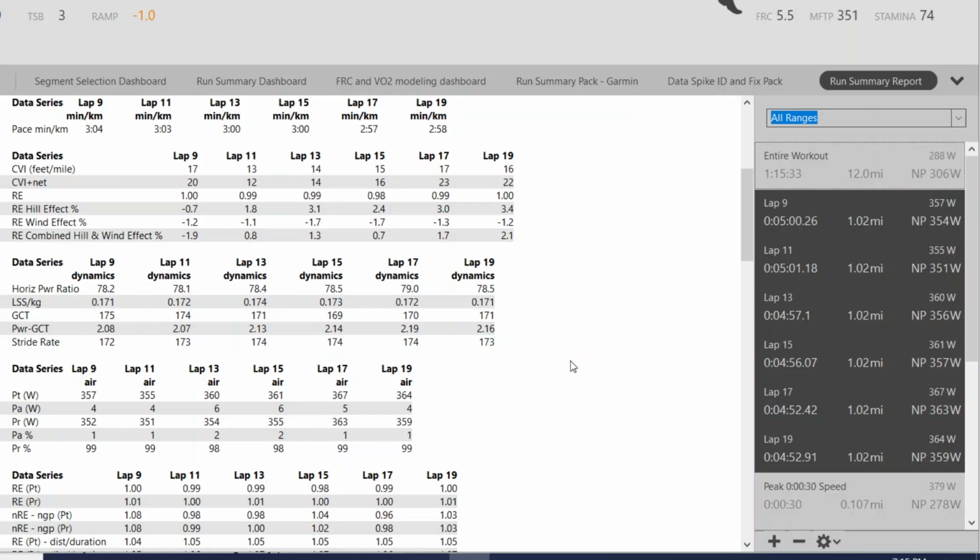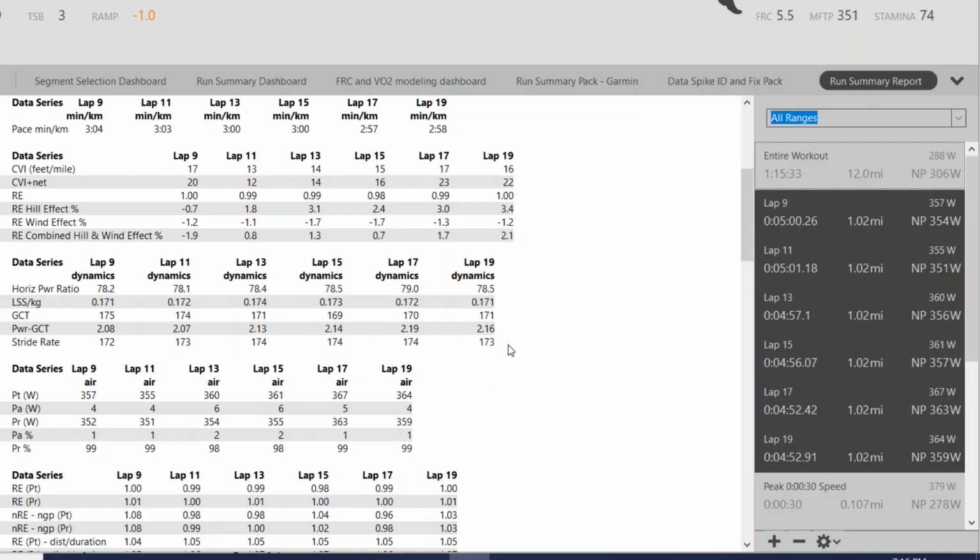So if the athlete is fatiguing over these intervals considerably, I start to see the power to ground contact time ratio decline. In this case, it did not. But that's why I have it here. Power to ground contact time is a good fatigue tell. It's a good metric for following fatigue.